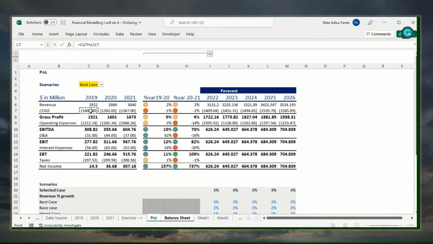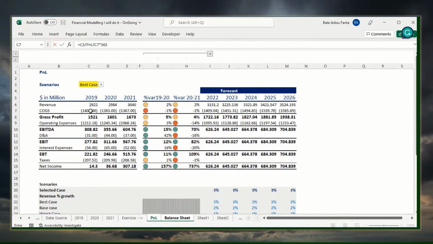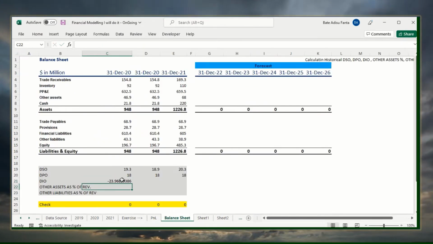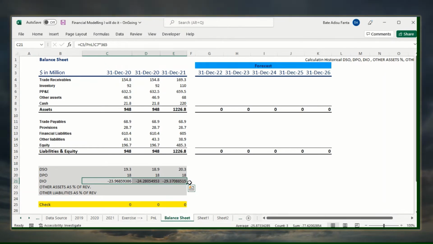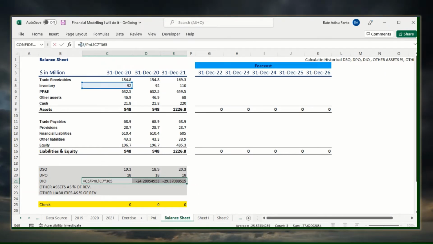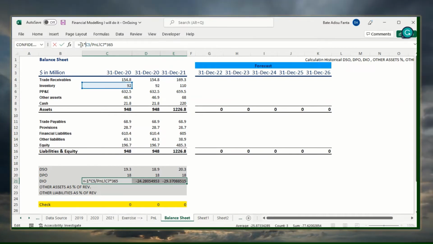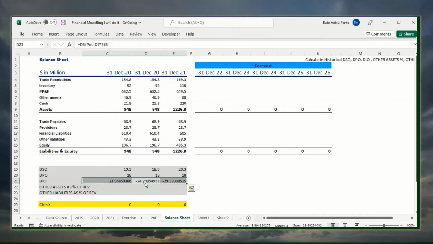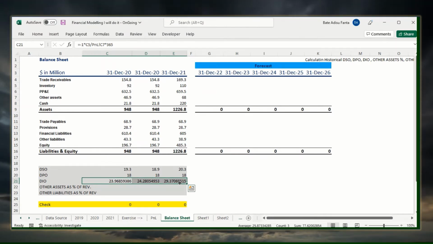It's here, and then we multiply it by 365 or 360. So simply drag to the right, and don't forget to multiply this by -1 so that the days should be positive. There is no negative days.